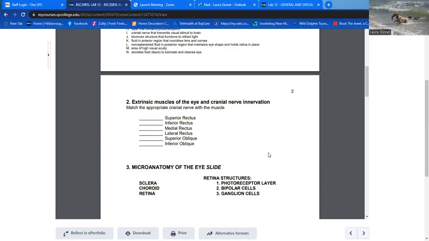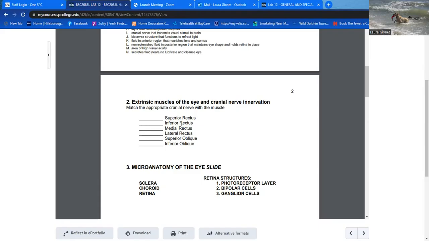SO4, I'm sorry, I did it the opposite way. SO4, the superior oblique is innervated by trochlear. LR6, lateral rectus is innervated by abducens. And all the other muscles are innervated by oculomotor. So LR6, SO4, all else 3.